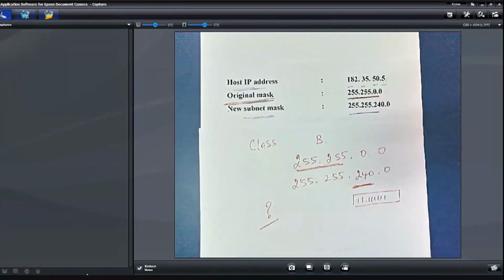Take a paper and do it. I'm waiting for your answer. Did you understand the question first? Yes, sir. Did you understand? No, sir. Is the question clear or not? I repeat the question.